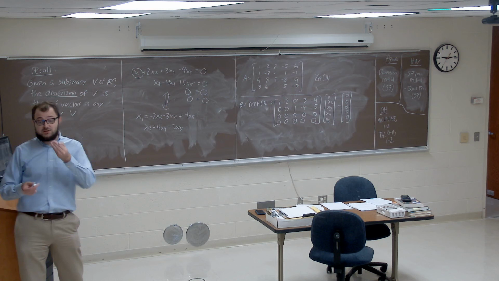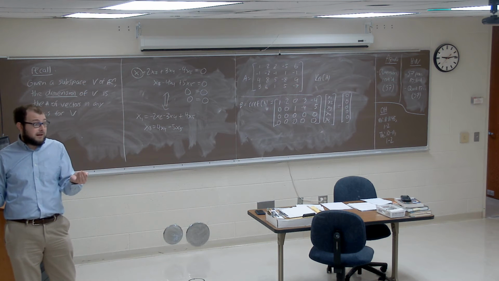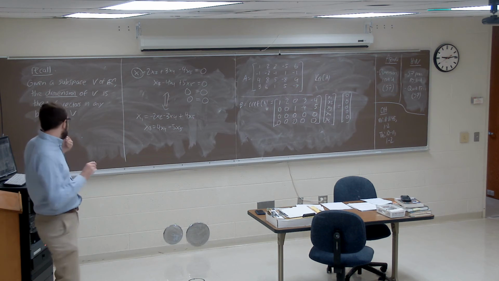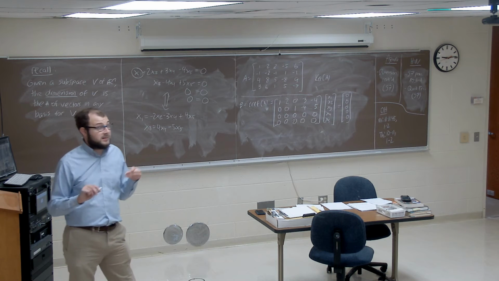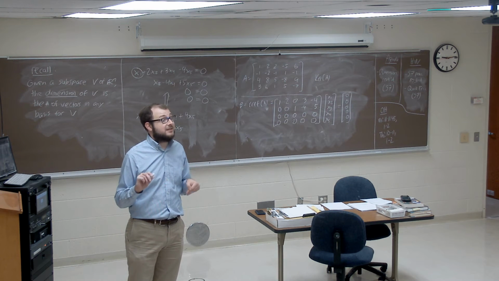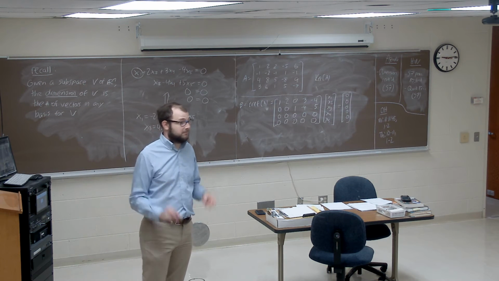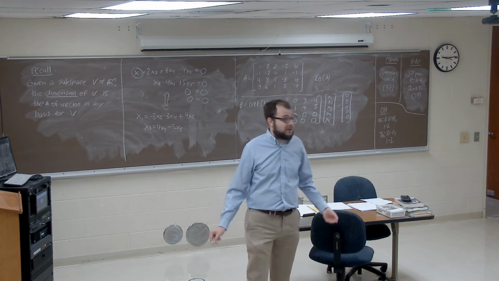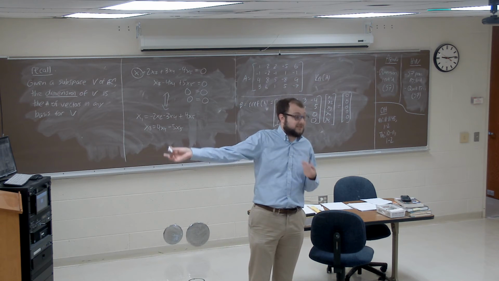Lots of different bases you could find for the kernel, but according to what we did yesterday, any basis you might find is going to have exactly 3 vectors in it. But there's no reason why we need this exact basis specifically.